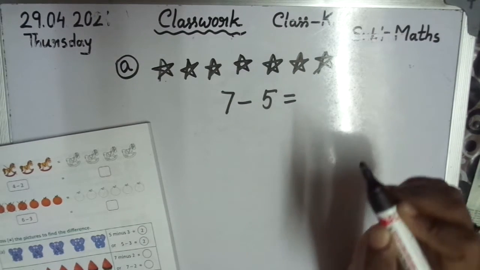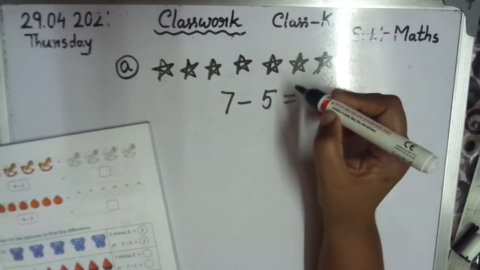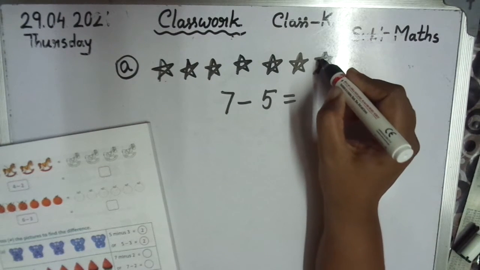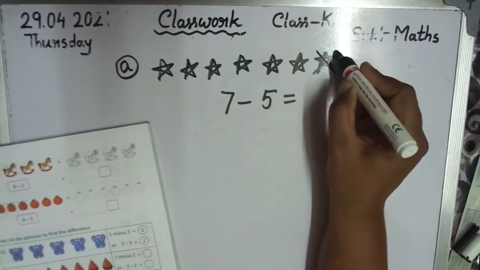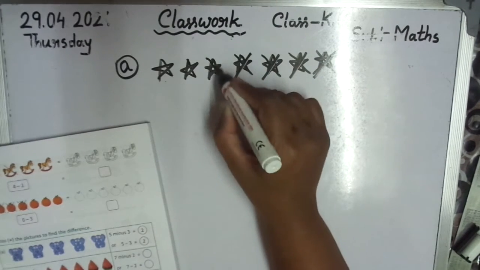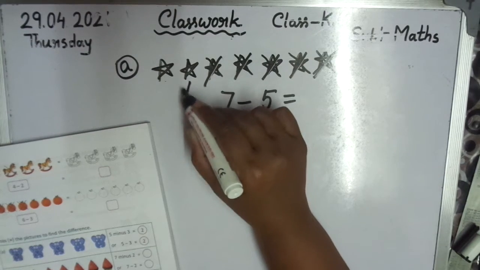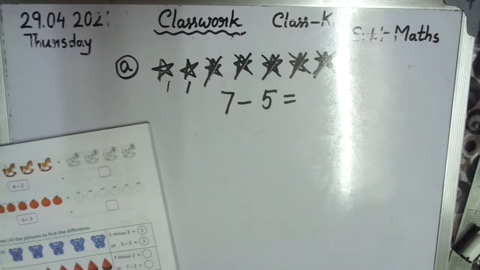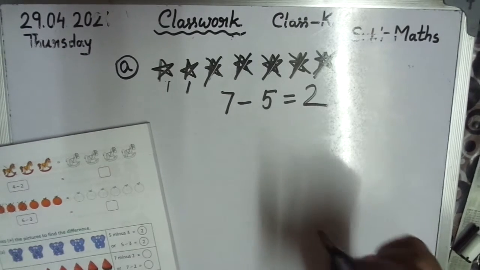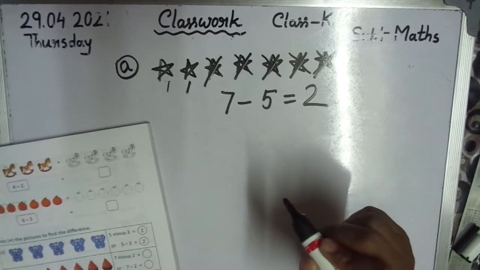So first, 7 minus 5. So 5 take away: 1, 2, 3, 4, 5. So 1, 2. 2 stars left. So the answer is 2.